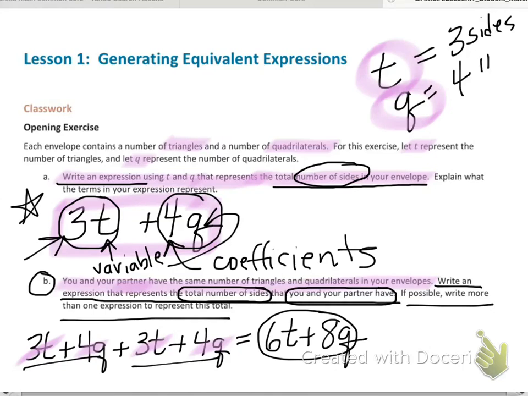Another way would be to set this up using the distributive property, which would have been, you take the 3t plus the 4q, and then you put a 2 in front of it, which means that I am going to multiply this by 2 because I'm talking about my partner and myself.